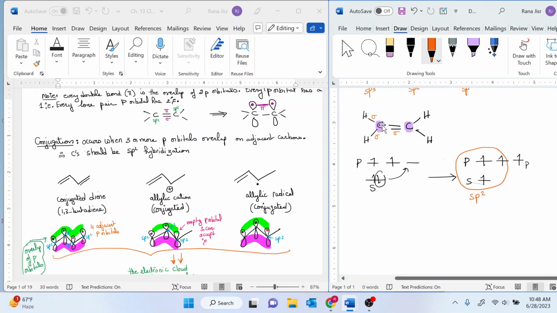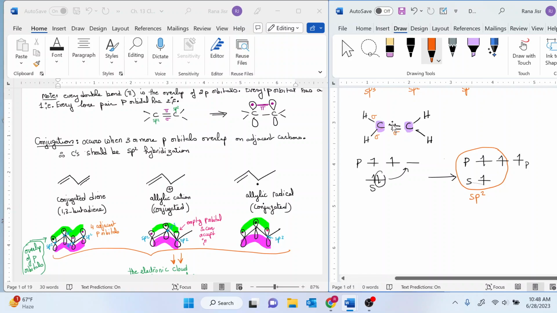So the hybrid sp2 of the carbon overlaps with the s orbital of the hydrogen and makes a sigma bond. Same thing over here. The hybrid sp2 of this carbon is going to overlap with the hybrid sp2 of the other carbon and make a sigma bond. So whenever hybrid orbitals overlap, they make a sigma bond.